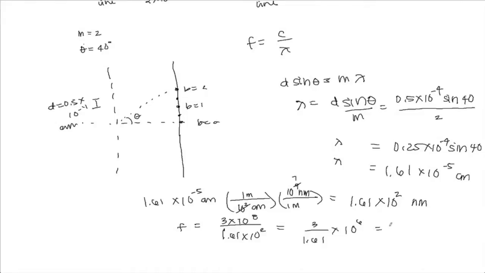Nanometers. Oh, it should be meters, huh? I think it's a good idea to put this into nanometers to check whether it's realistic, but when you're going to use that in another equation, it's got to be in SI units. Okay. So in meters, that would be 1.61 times 10 to the -7.